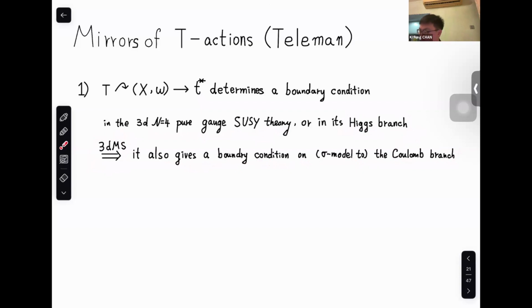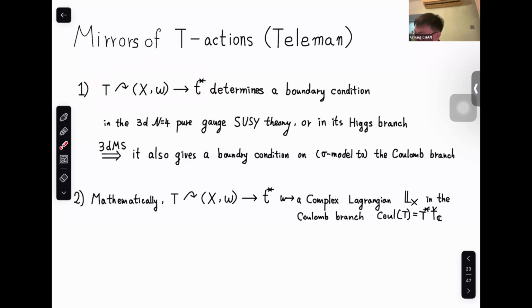There's some physical reasoning. So mathematically, what does it mean? It means that if you give me a Hamiltonian torus action on X, then you should produce a complex Lagrangian in the Coulomb branch.